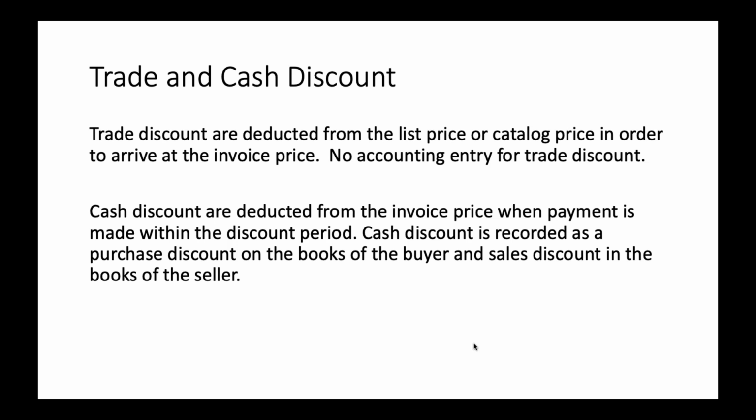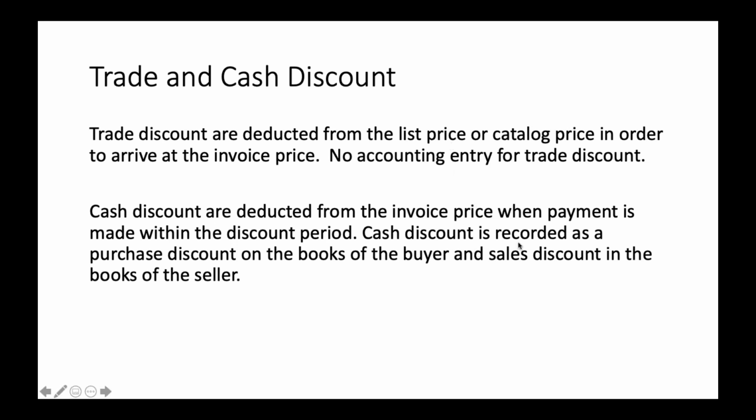Trade and cash discount. Trade discount is not recorded or recognized, and therefore there is no entry for trade discount. But what is trade discount? These are the discounts given to encourage more sales, and that is a reduction in the list price or in the catalog price.